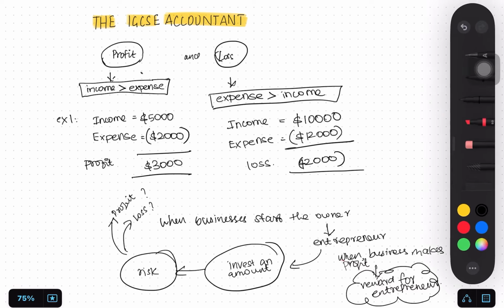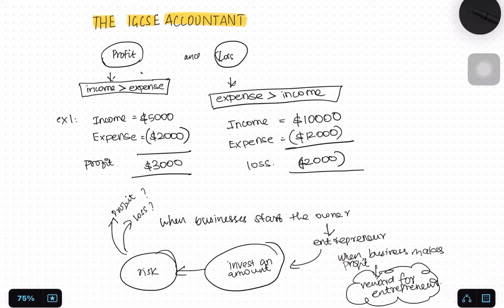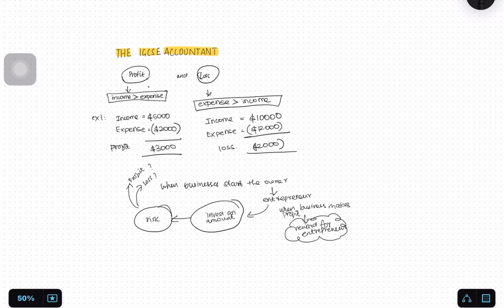So now, how does an owner or entrepreneur know if their business is making a profit or a loss? So this is where the role of an accountant comes into the picture. So we already learned that the accountant is the one who prepares financial statements.